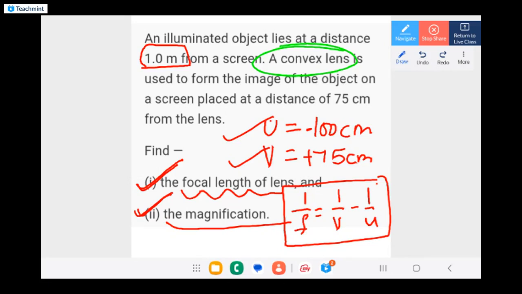And Michelle, you're going to tell me the nature of the image. Everyone can add that as the third question, nature of the image.